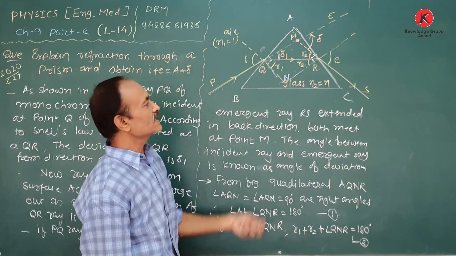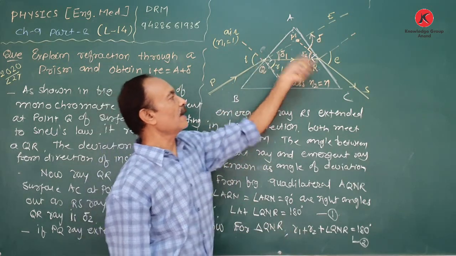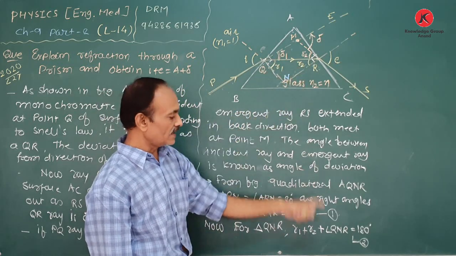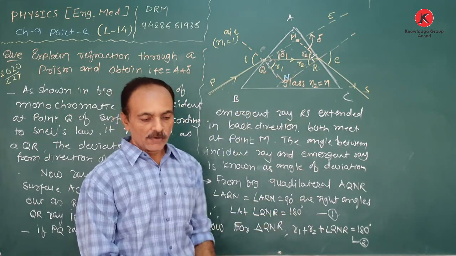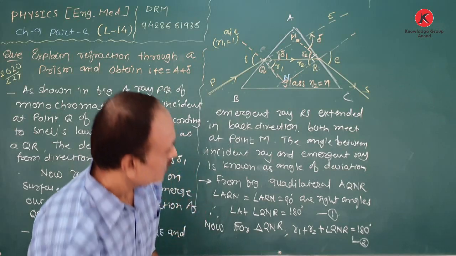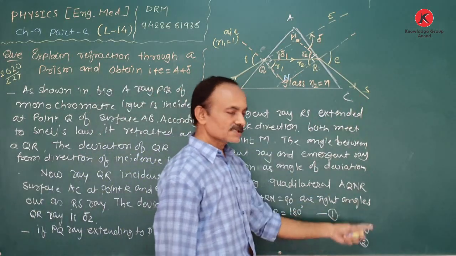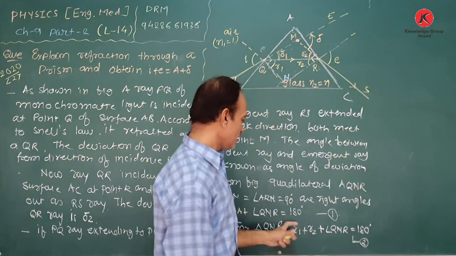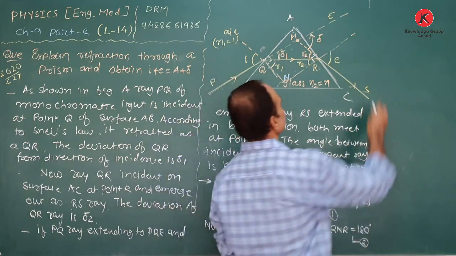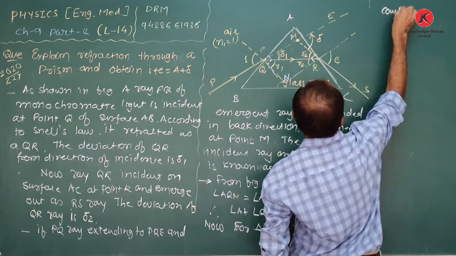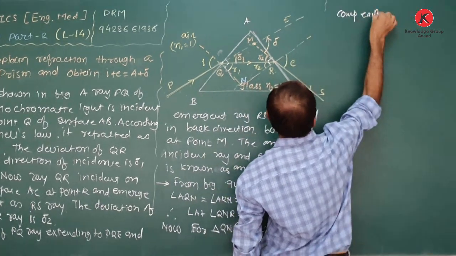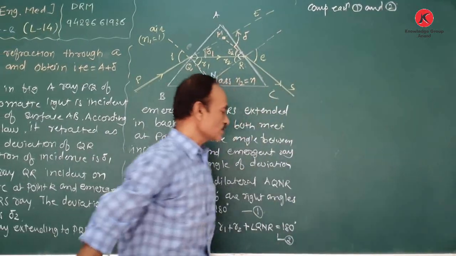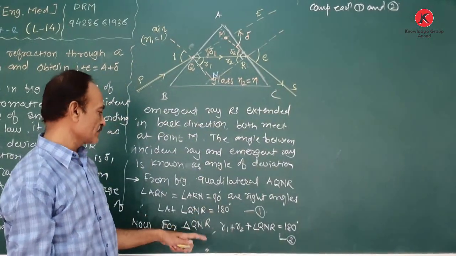After that, we consider triangle QNR. The addition of r1 plus r2 plus angle QNR is also 180. Now, comparing equations 1 and 2, the right hand sides are the same.